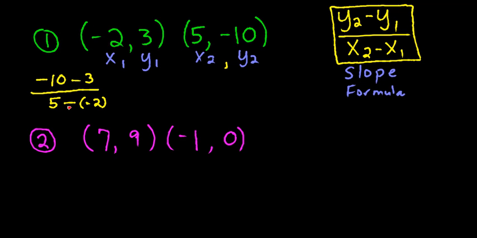It's so important that you remember I'm subtracting. Since that's a negative number, it's going to be negative 2. All right, so let's simplify. Now I've got negative 13 over 5 minus negative 2, which means 5 plus 2. That's a 7. Okay, so this is what I get doing it the traditional way, where I just basically consider my first point my x1, my y1.